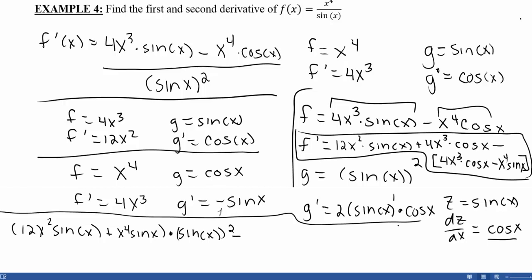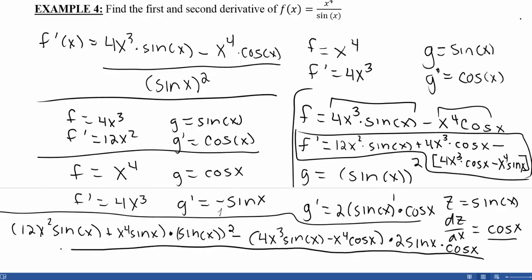minus, now I have to do f times g prime. So I'm going to use parentheses again because there's a whole bunch of terms. So 4x cubed sine x minus x to the fourth cos x. There's my f times g prime. So times 2 sine x times cosine x.